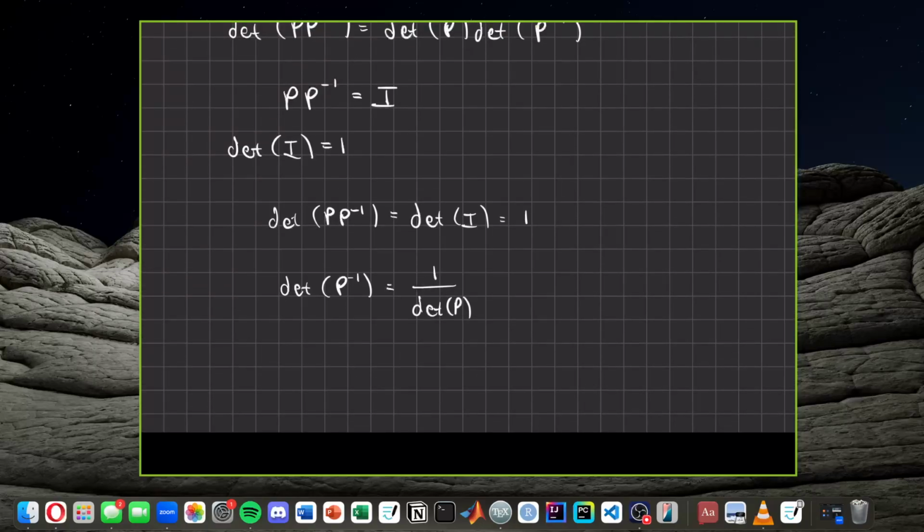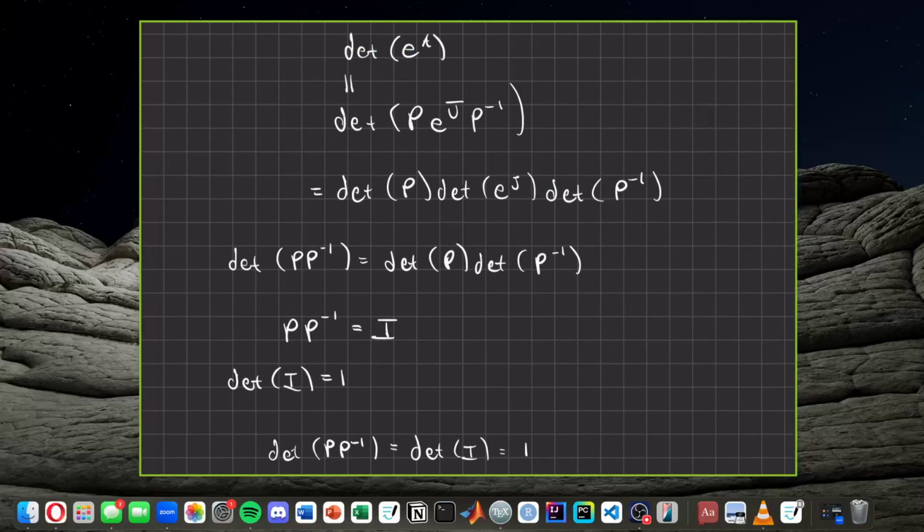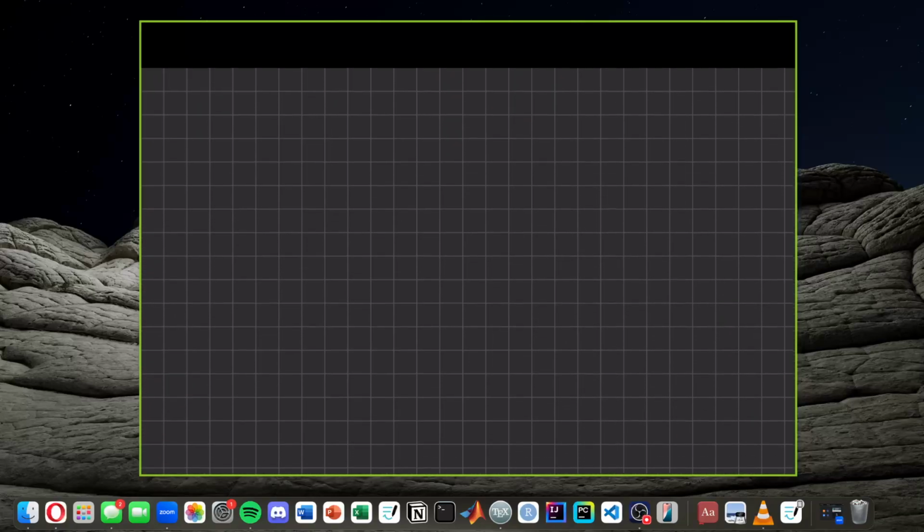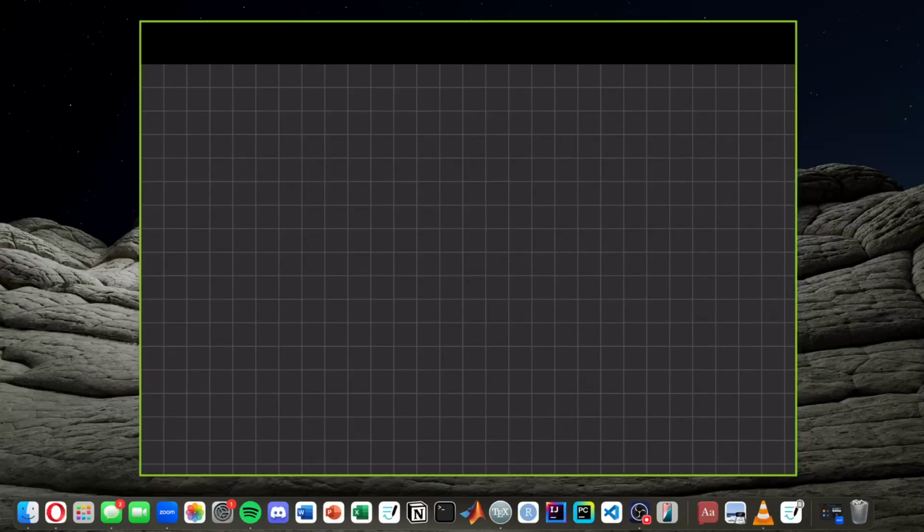And that, we'll now use up here. I'm losing space again, so let's rewrite what I had. I had the determinant of e to the A is the determinant of P e to the J P inverse.